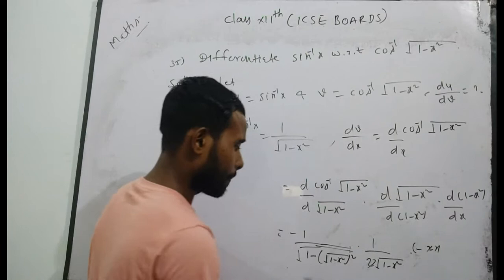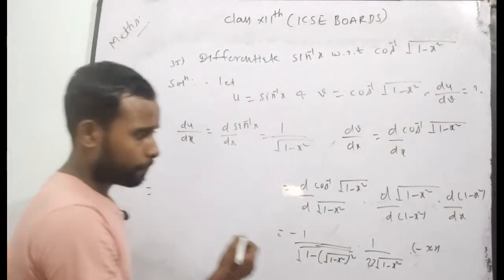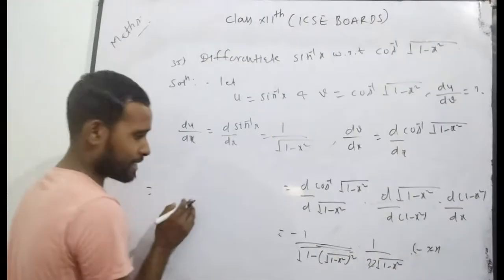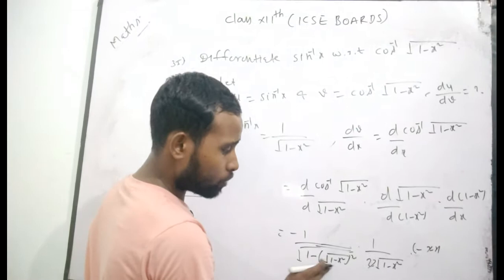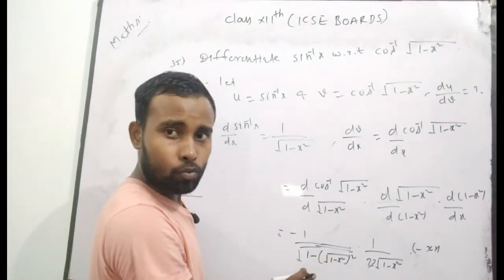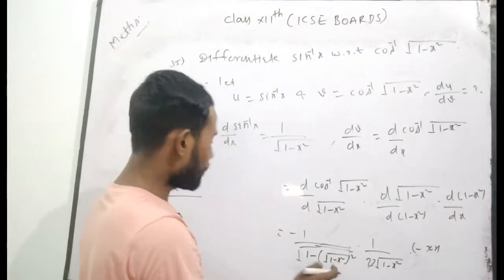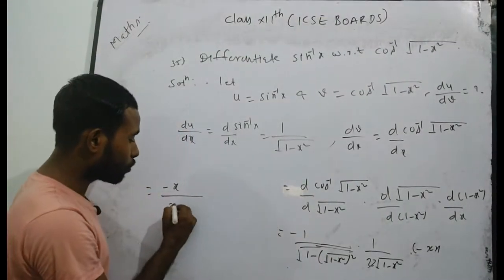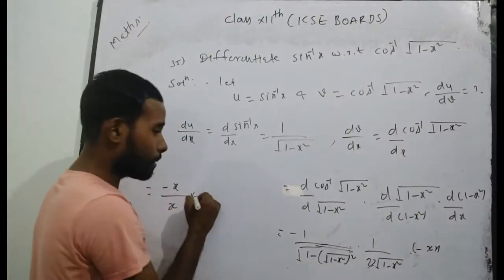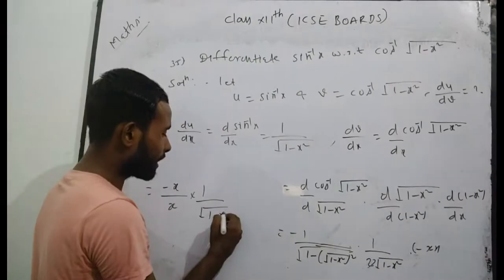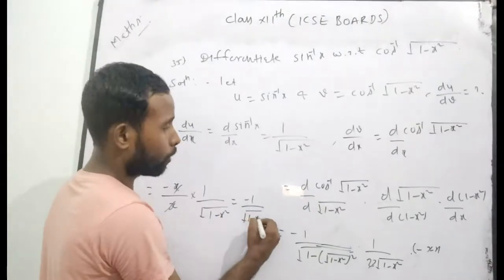The 2 cancels, and if you calculate it, it will be minus x divided by 1 minus x square. Minus 1 plus 1 cancel each other, and simply you will get in the denominator under root x square, which can be written as x, and the remaining term will be 1 upon under root 1 minus x square. Finally you will get minus 1 upon under root 1 minus x square.